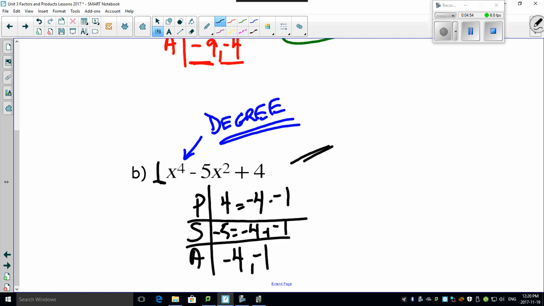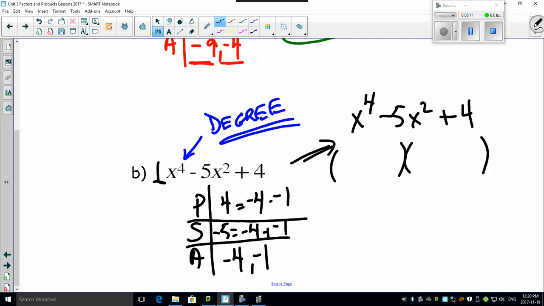So taking this guy over here, we have an x to the 4 minus 5x squared plus 4, which breaks down, there's where our bracket comes in, to x squared minus 4 and x squared minus 1. Now, a lot of people see this one and go, oh, look at that.